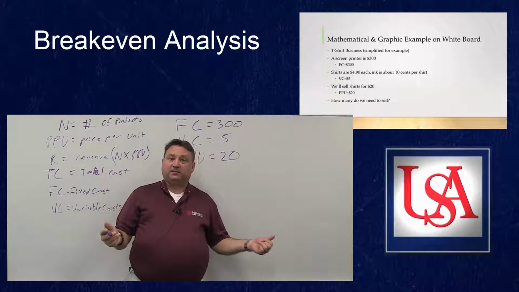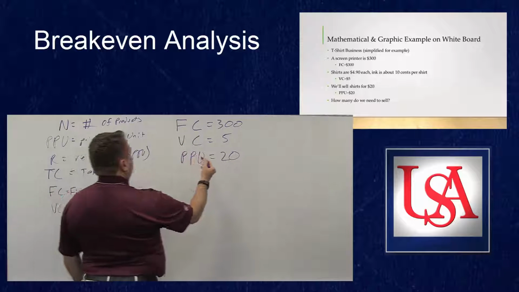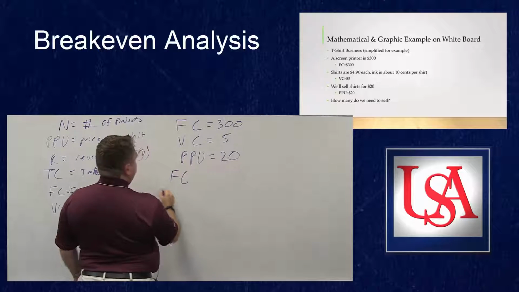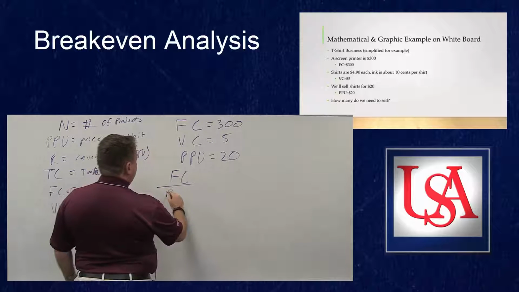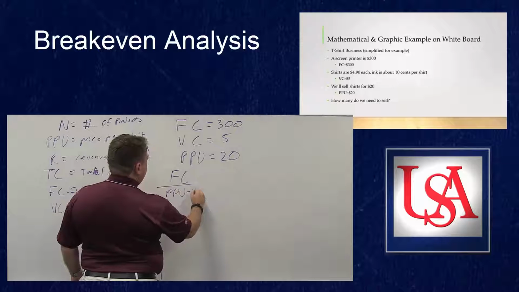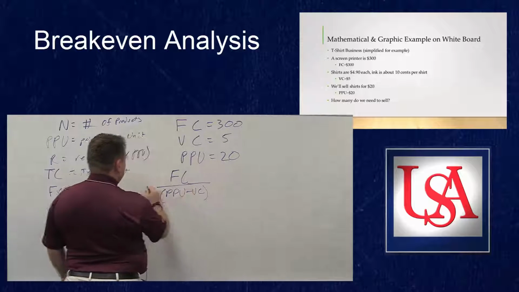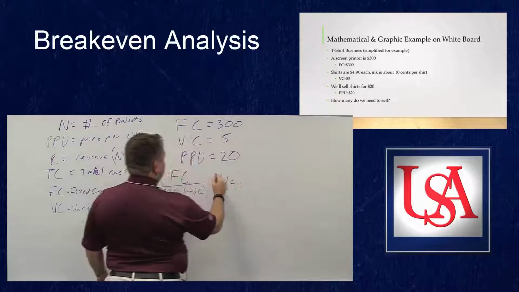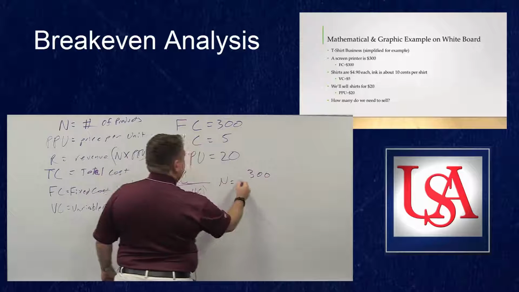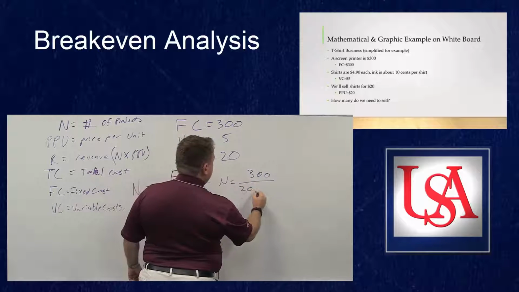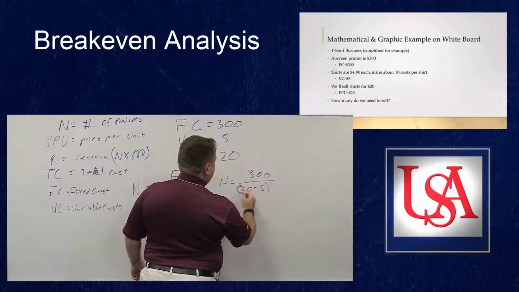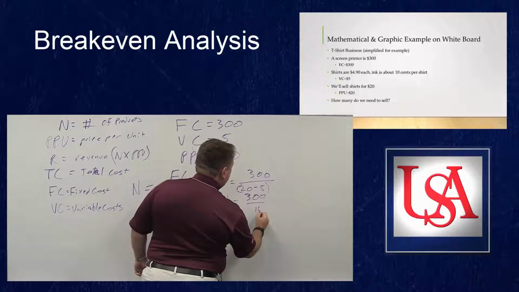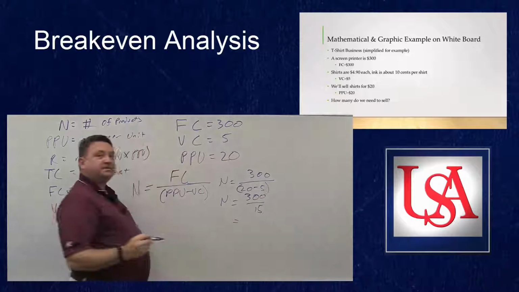Well, if we go back to the formula we looked at earlier, then we have our fixed cost divided by our price per unit minus our variable cost equals N. So N will then equal our fixed cost, which is 300, divided by our price per unit, 20, minus $5 costs, or N will be equal to 300 divided by 15, or what does that work out to?